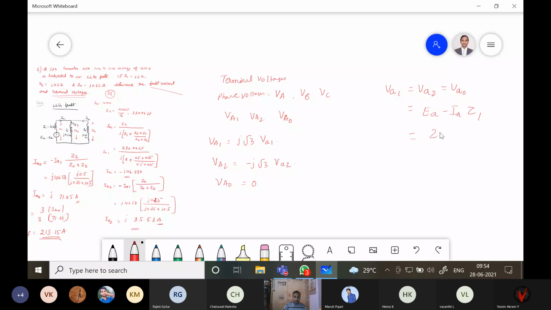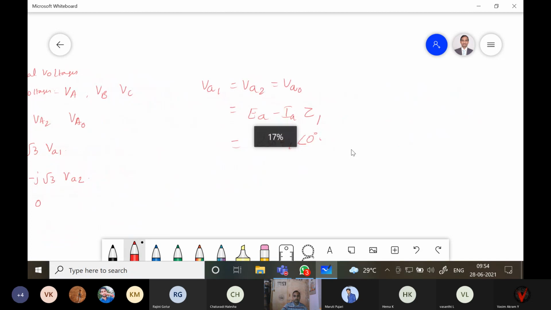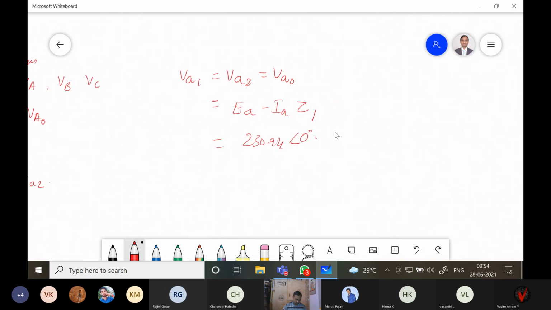EA is 230.94 at an angle 0 degree, minus IA value, minus j 6.58, into Z1, which is j2 ohm. So what is that va1? We will get 17.76 volt.